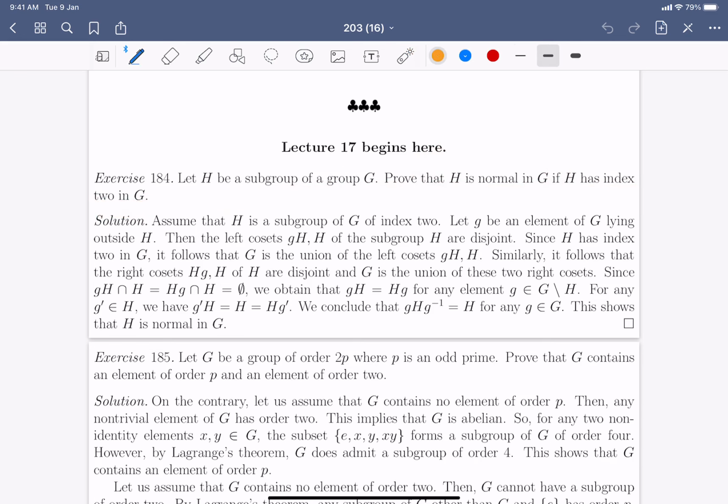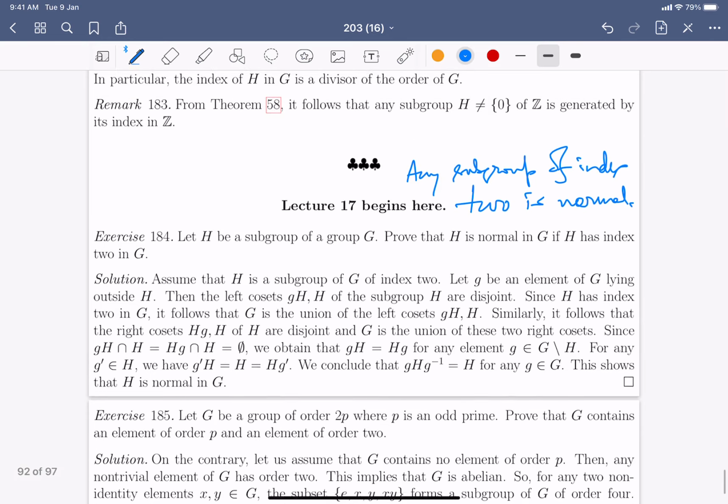Usually one writes that any subgroup of index 2 is normal.